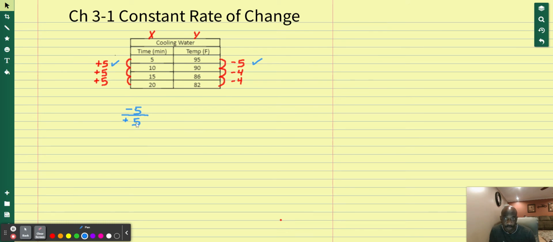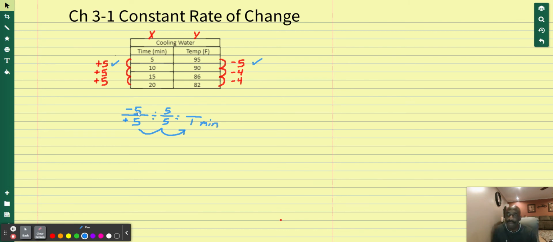My denominator represents my minutes in time, right? So let's reduce this. If I divide both numbers by, what should I divide by? 5. All right. The reason I'm dividing by 5 is because my denominator, I want to be a 1. Very important. That 1 represents 1 minute. Always look at my denominator first.